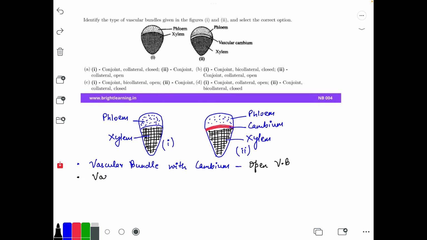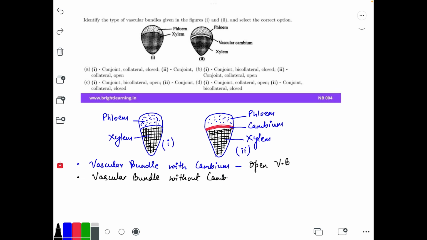The options you can see also involve closed and open ones. So a vascular bundle with cambium is open and one without cambium is closed. We have seen that the second one is the open vascular bundle and the first one is the closed vascular bundle.